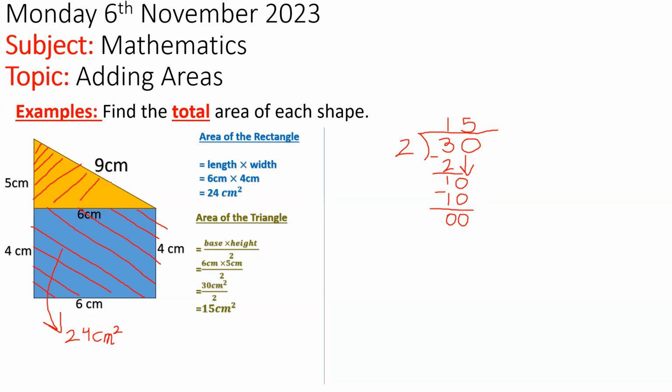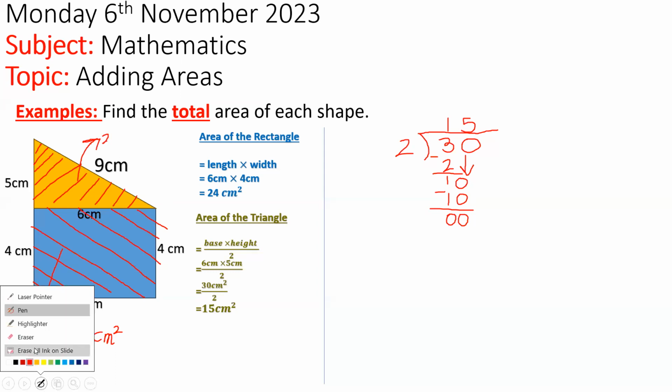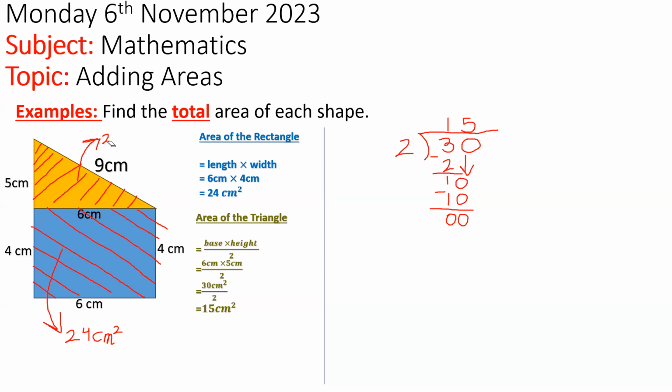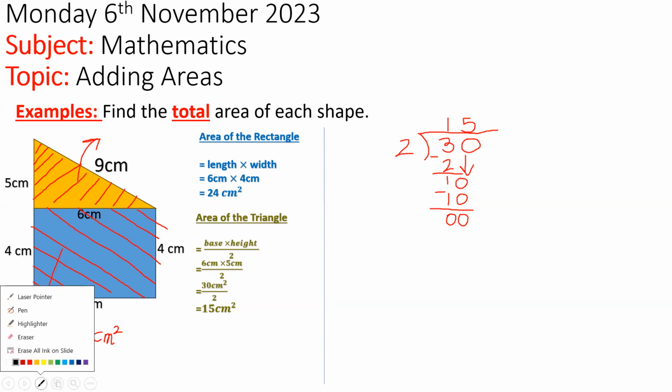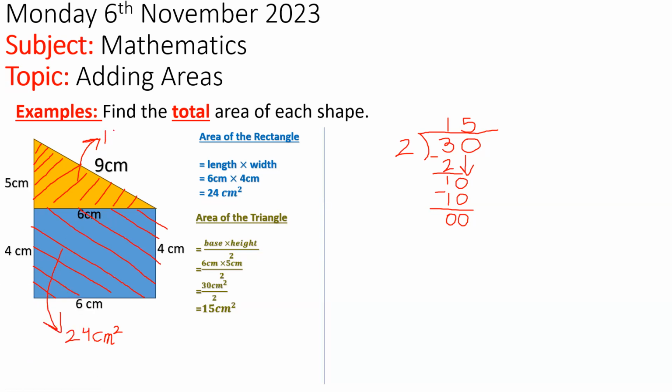How much is it? 24 centimeters squared. No, 15, I'm sorry. 15, because it's the area of the triangle. So it's going to be 15 centimeters squared. So this is 15 centimeters squared.